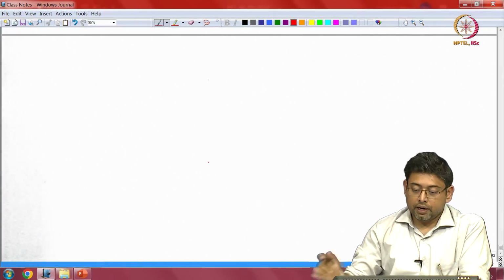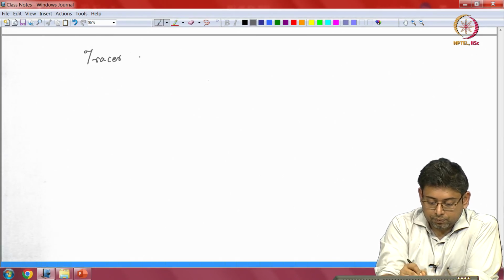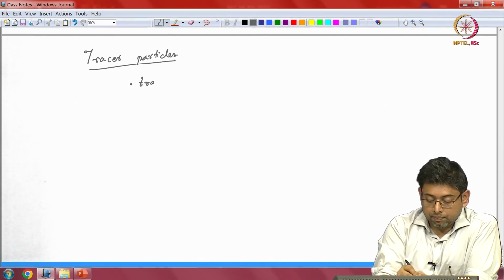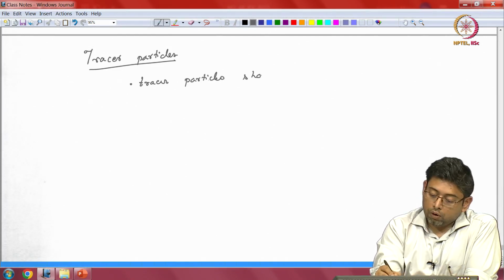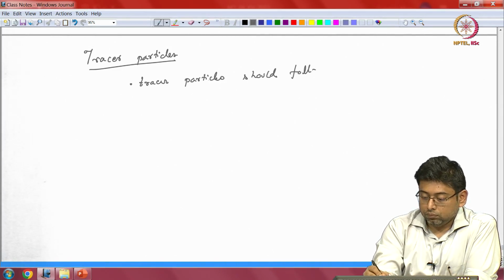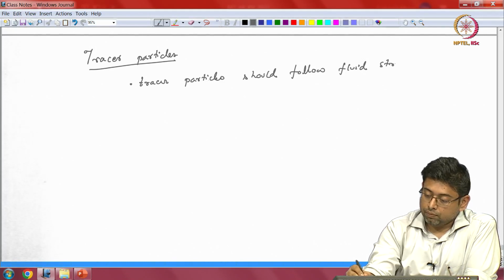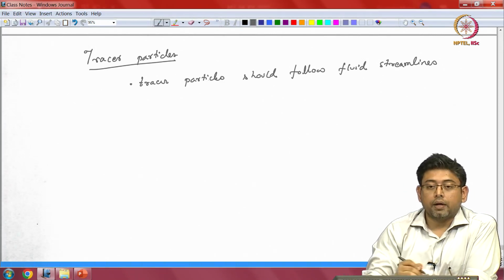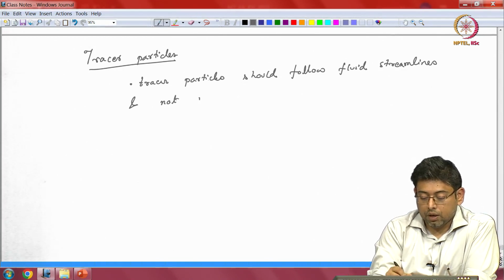So what I need are tracer particles, and the assumption is going to be that tracer particles should follow fluid streamlines or fluid particles as they move, okay, and not separate paths of their own.